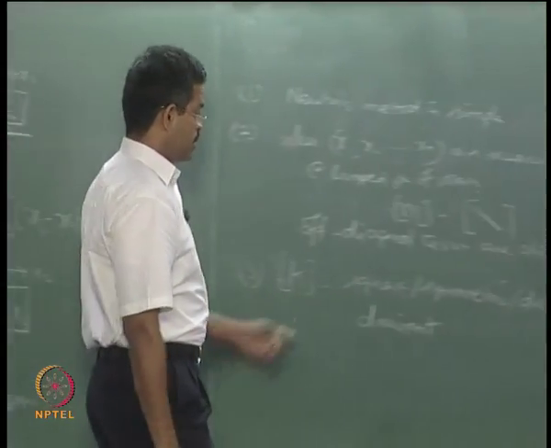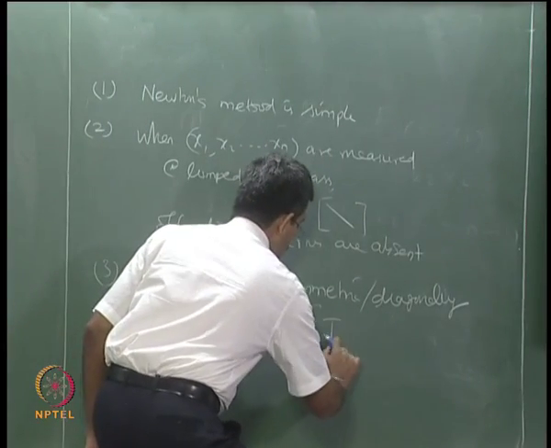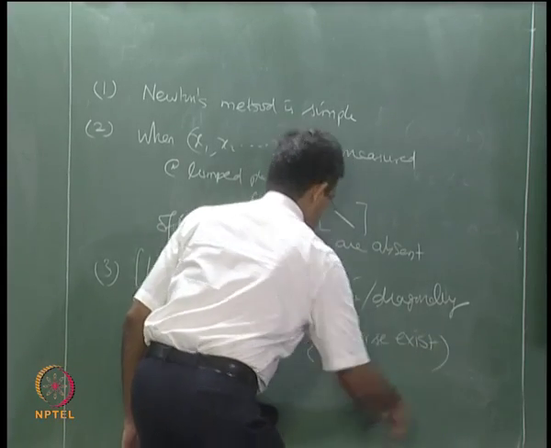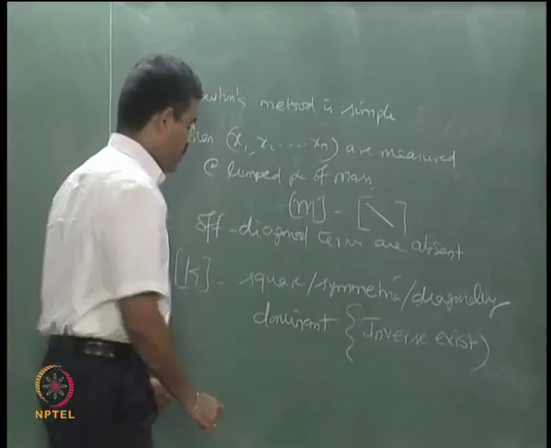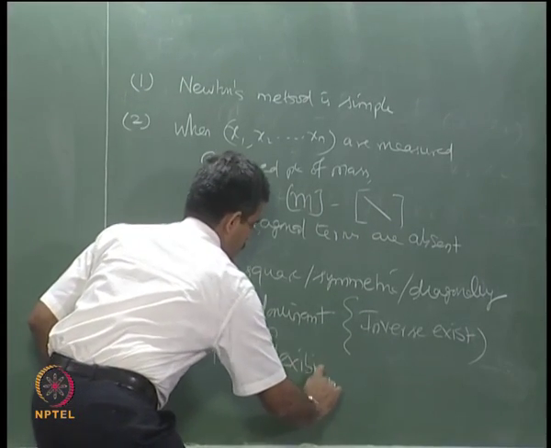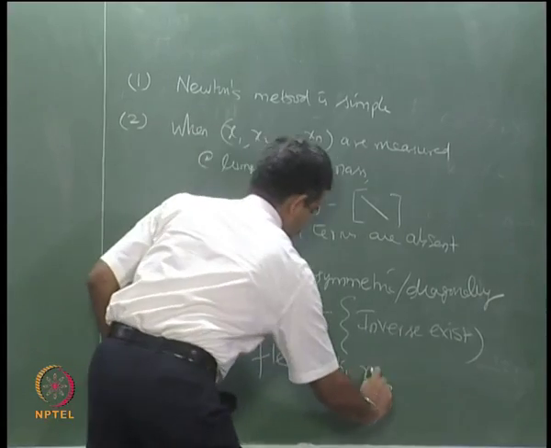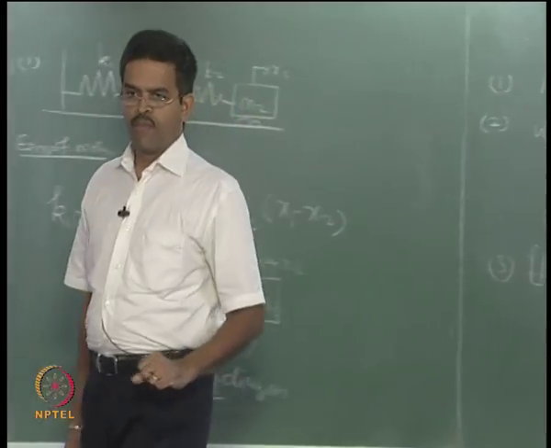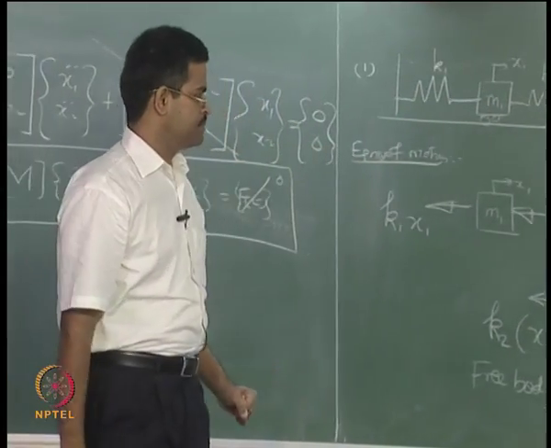So, diagonally dominant shows me that the inverse of this matrix exists. The inverse of K is what we call the flexibility matrix.